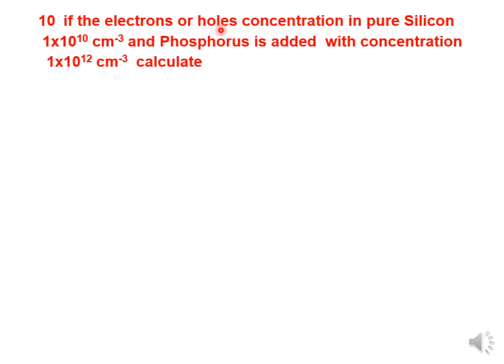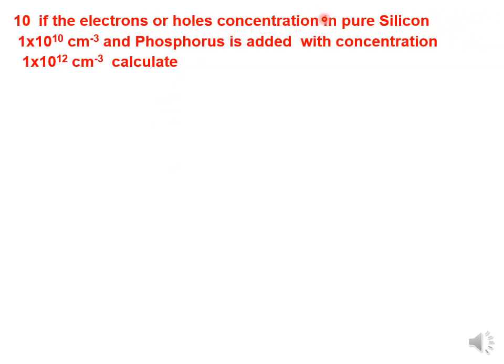If the electrons or holes concentration in pure silicon is 1 times 10 to the power 10 per centimeter cube، يبقى دي ال Ni, and the phosphorus is added. The phosphorus ده pentavalent is added with concentration 1 times 10 to the power 12 per centimeter cube.